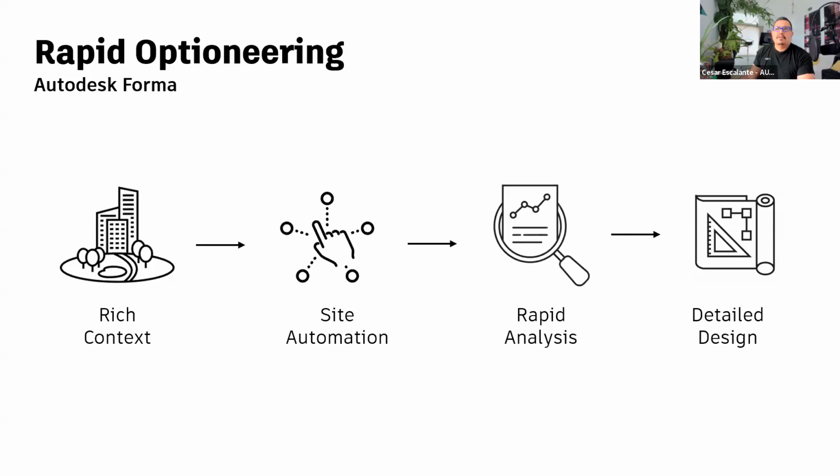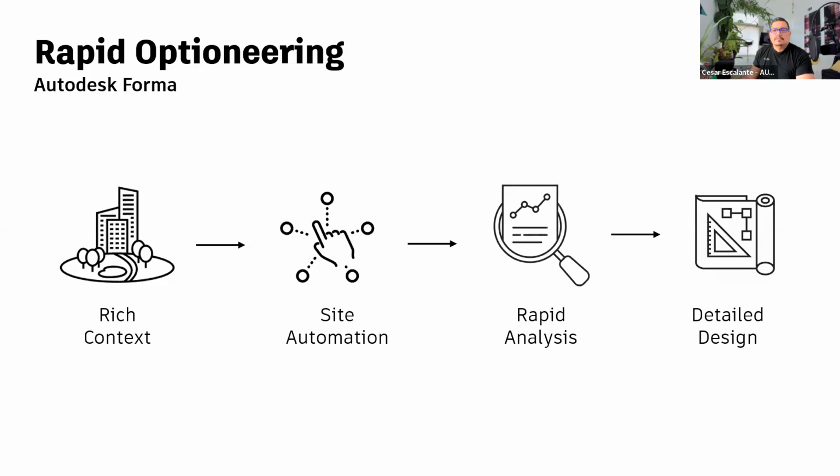It also provides real-time environmental and performance analysis. Forma has rapid analysis on wind and noise that provide instant feedback on your design choices, allowing you to create more informed design solutions.